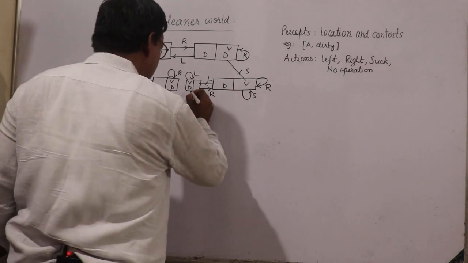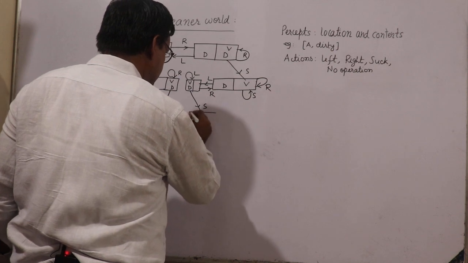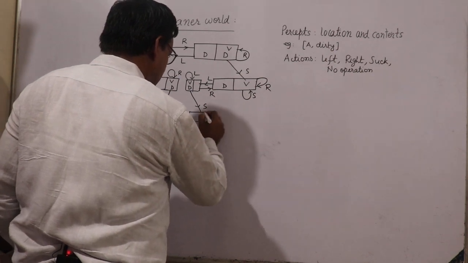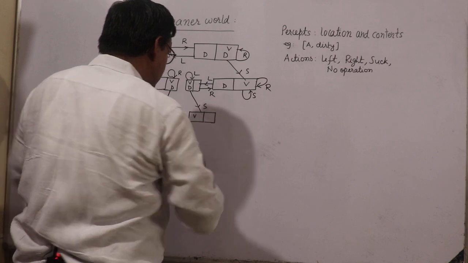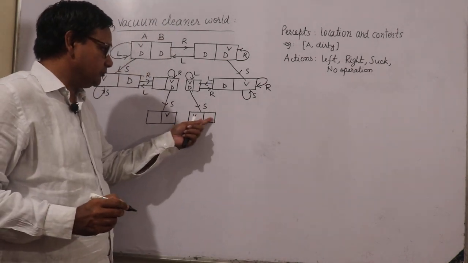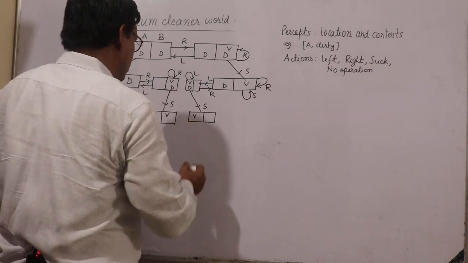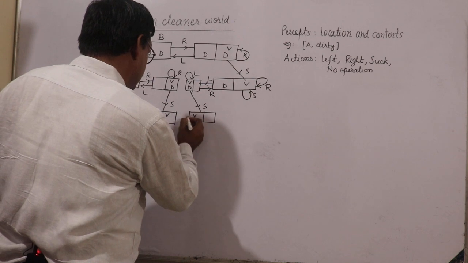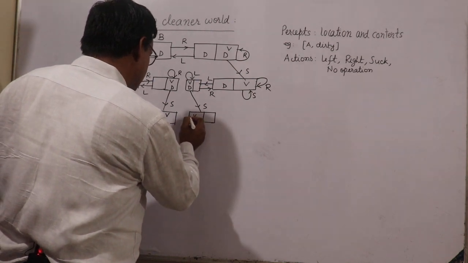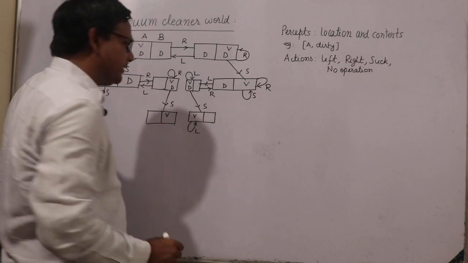If it sucks the dust, then the vacuum cleaner will remain in room A and both the rooms will be clean. If it moves in the left direction, it will remain here.